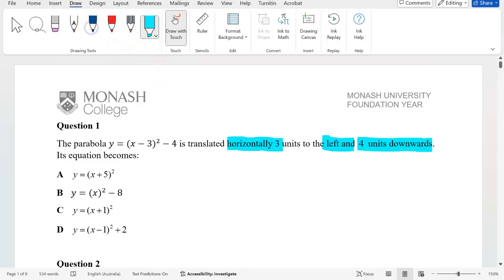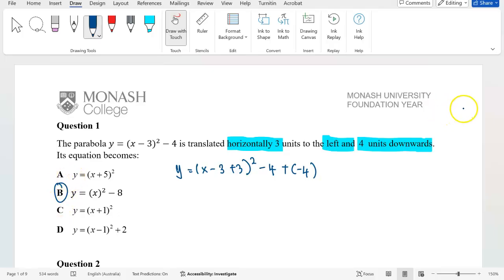So 4 units downwards means y equals x minus 3, and 3 units to the left means plus 3, and then minus 4 units downwards means plus negative 4 again. So that will give you your answer, which is B, right?